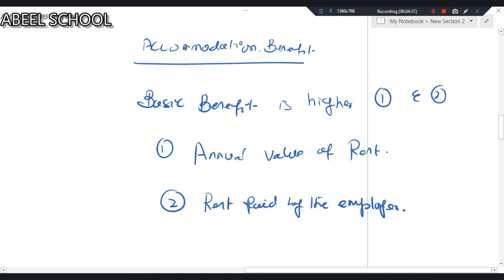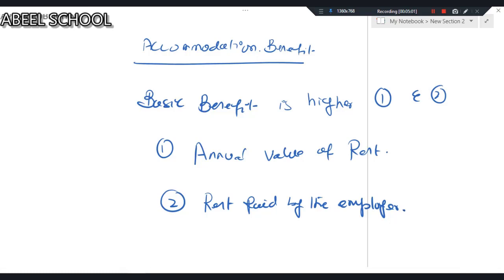It is possible that your employer does not own the property. What he has done, he has taken the property on rent and given it to you. You are living in that accommodation and your employer is paying the rent. So in that case, the basic benefit is higher of annual value of the rent and the rent paid by the employer.